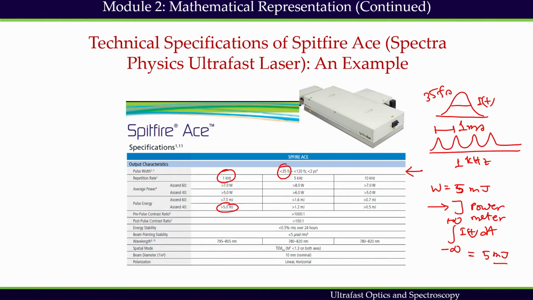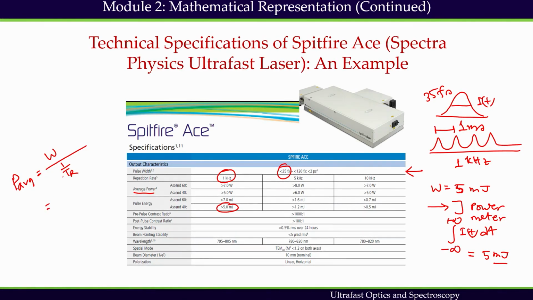And average power, there is an average power section here, and we can calculate it, because P average is nothing but W divided by 1 by the repetition rate.